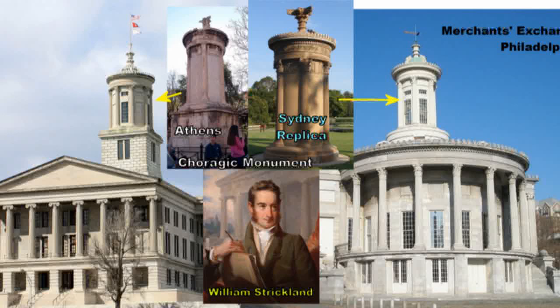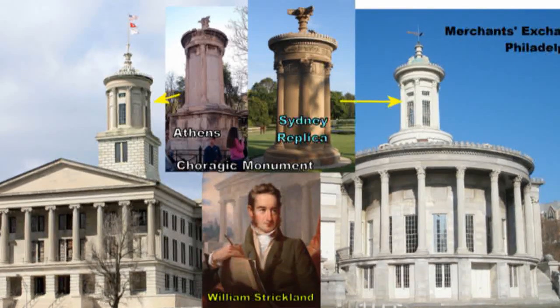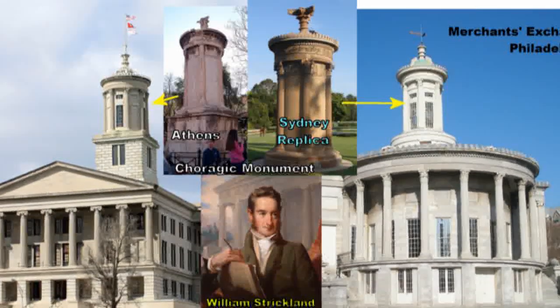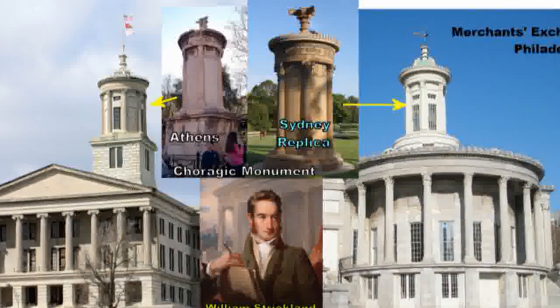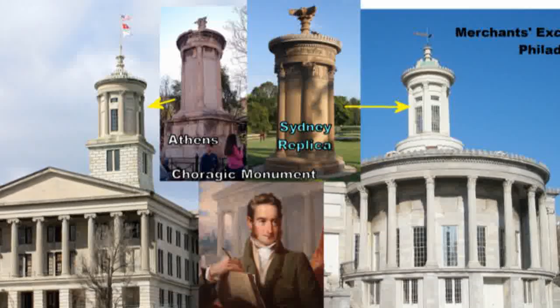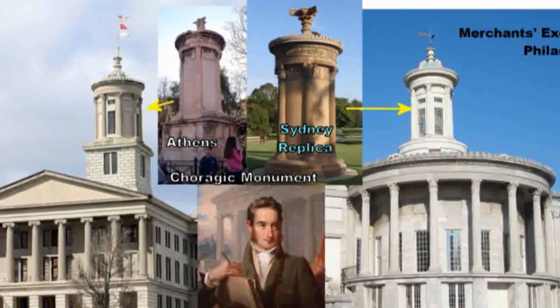On the top of this Tennessee State Capitol building and the Merchants Exchange building in Philadelphia, we have replicas of the Choragic monument. Now, of course, they've added glass to it, and what they're missing is the tripod on top of those.